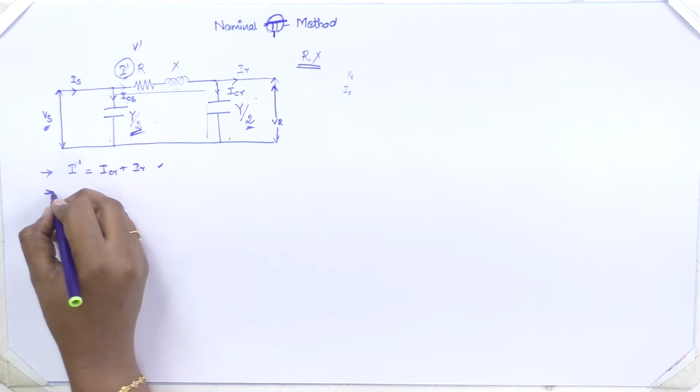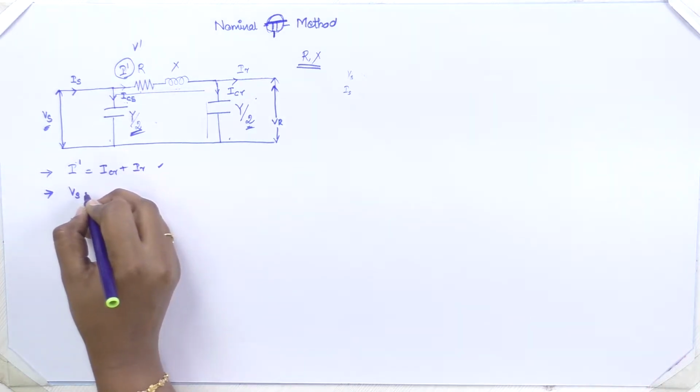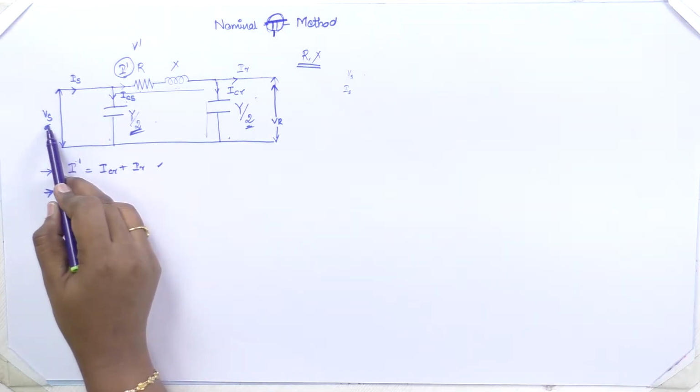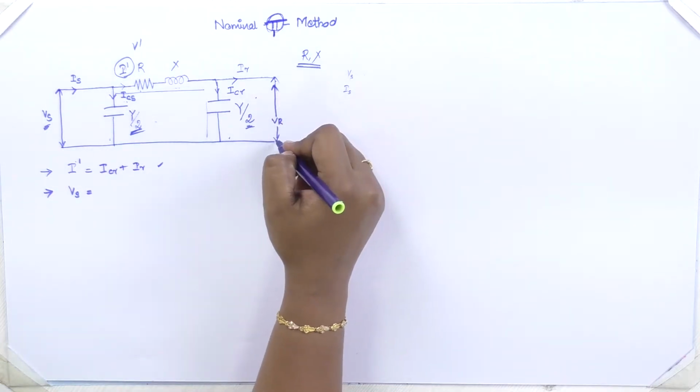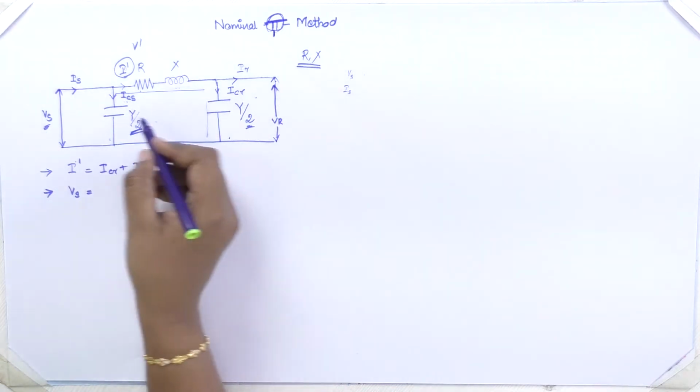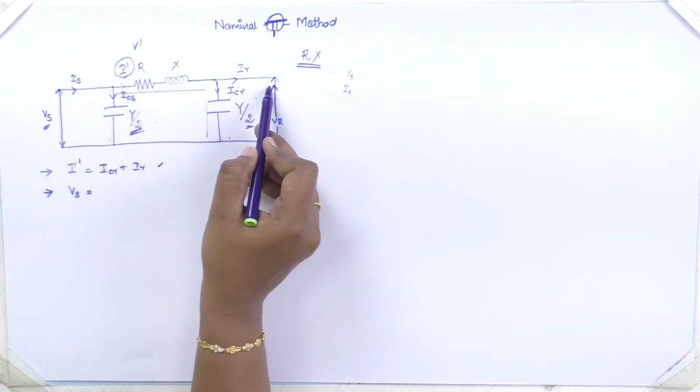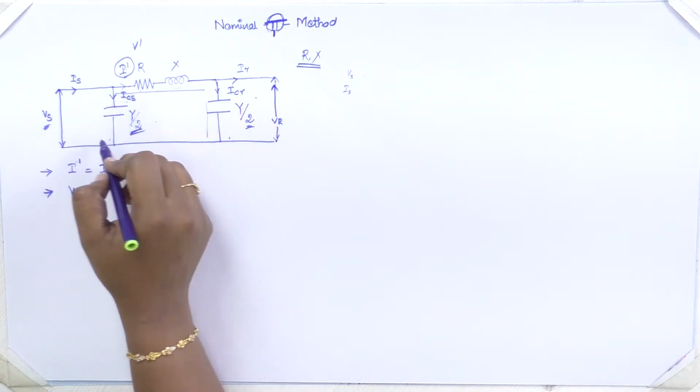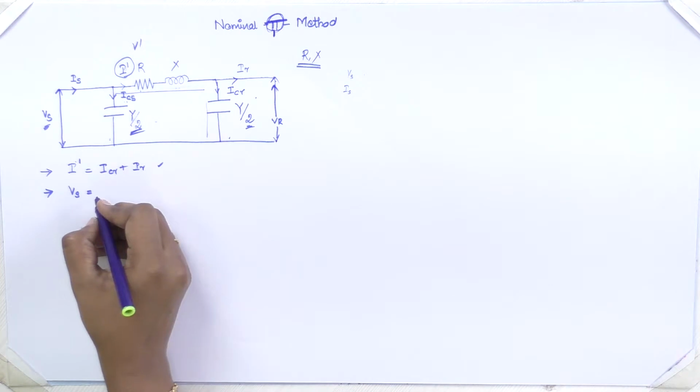Then the next one is Vs. Here the receiving end voltage is VR, and now I am considering the whole transmission line parameters. I am not including this capacitance.